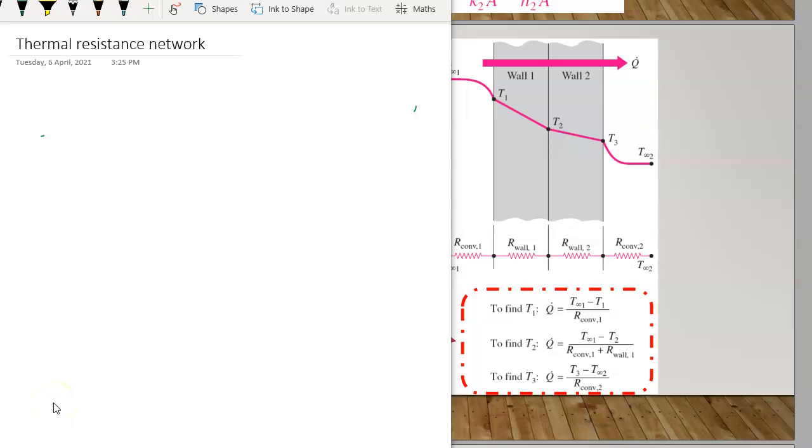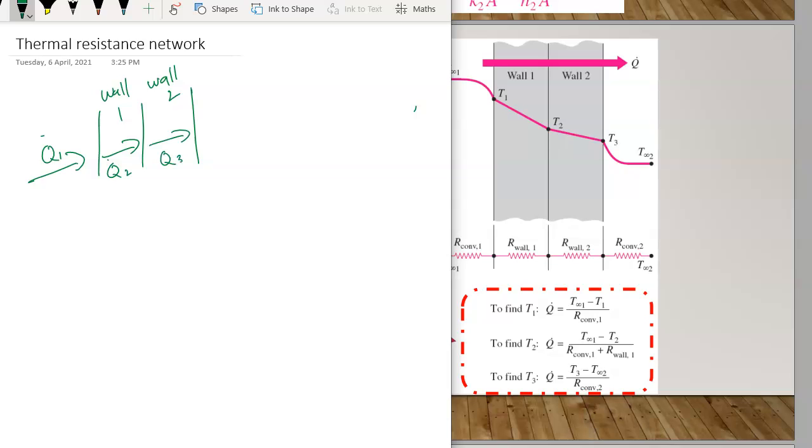As been said before, when you have such a wall, this is wall 1, you have wall 2. So whatever Q you have over here, this is Q1, this is Q dot 1 perhaps, and this is Q2, this is Q3, and this is Q4. This is just an assumption.